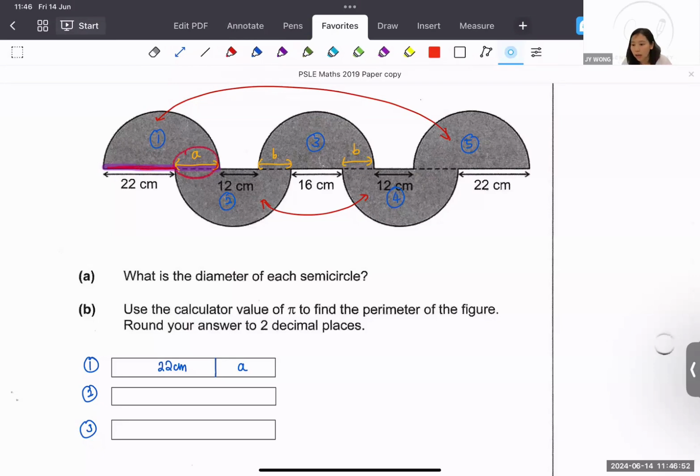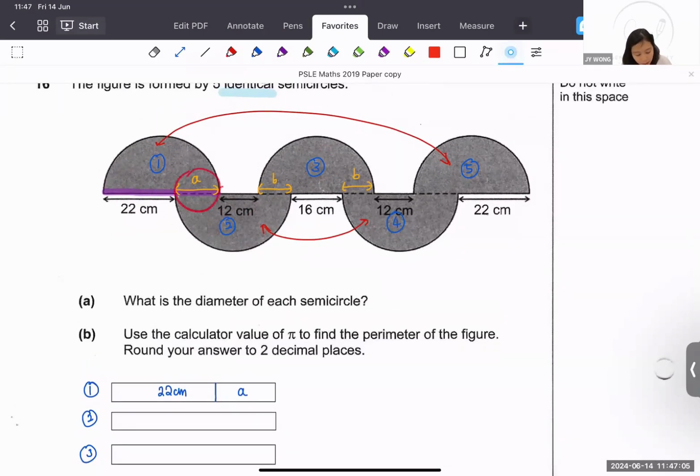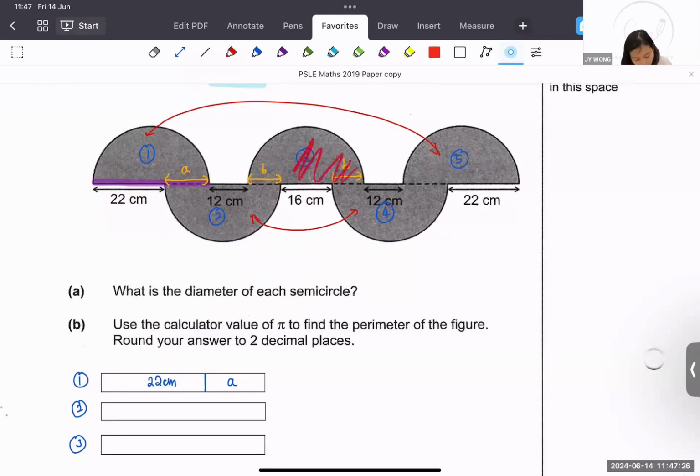I don't know how long A is. The 12 cm is not in the middle. We do not know if it's in the middle or not. But we do know that this A plus 12 plus another side, which is B, will add up to give you the diameter. And then for semicircle 3, this 16, how do we know it's in the middle? Because this semicircle and this semicircle have the same diameter.